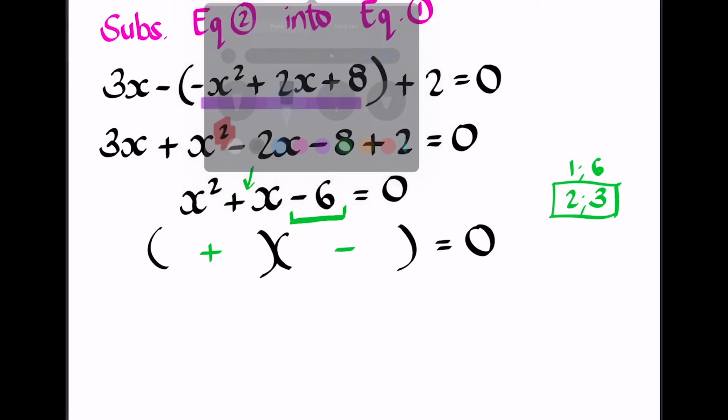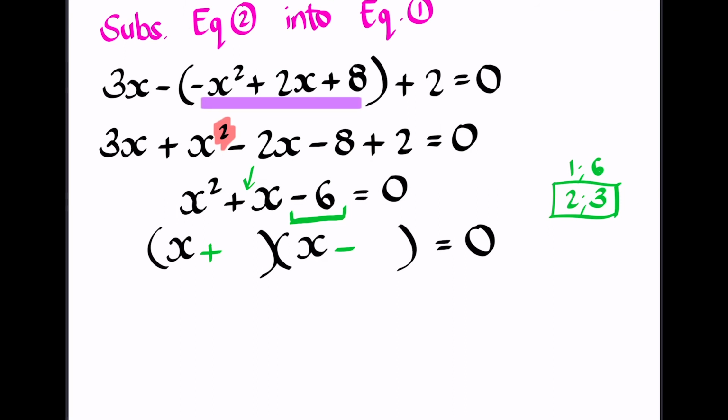Which means that I have an x in both brackets, and then I have a 2 and a 3, so now I need to decide which one gets the plus and which one gets the minus. I look at my middle term, it's plus, which means the bigger factor gets the middle term sign, so in this case it's the 3, so the 3 will get the plus, the 2 will get the minus. Therefore, x is equal to negative 3, or x is equal to positive 2.